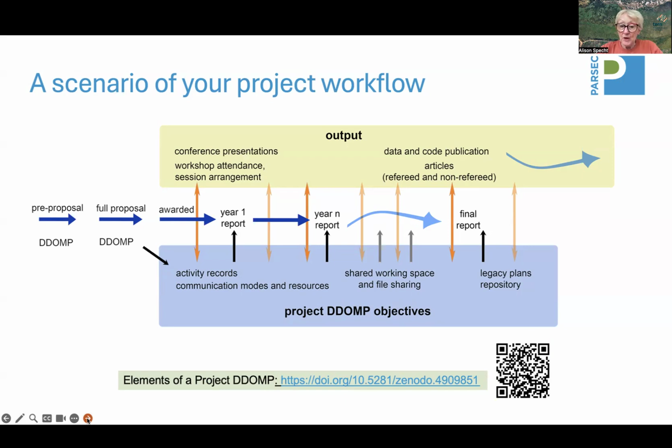And the DDOMP is there to support and facilitate your work and free you up to be innovative and to make the most of your opportunities and produce really interesting output for the wider community. And you can see the key elements of a project DDOMP are itemized in the link below.